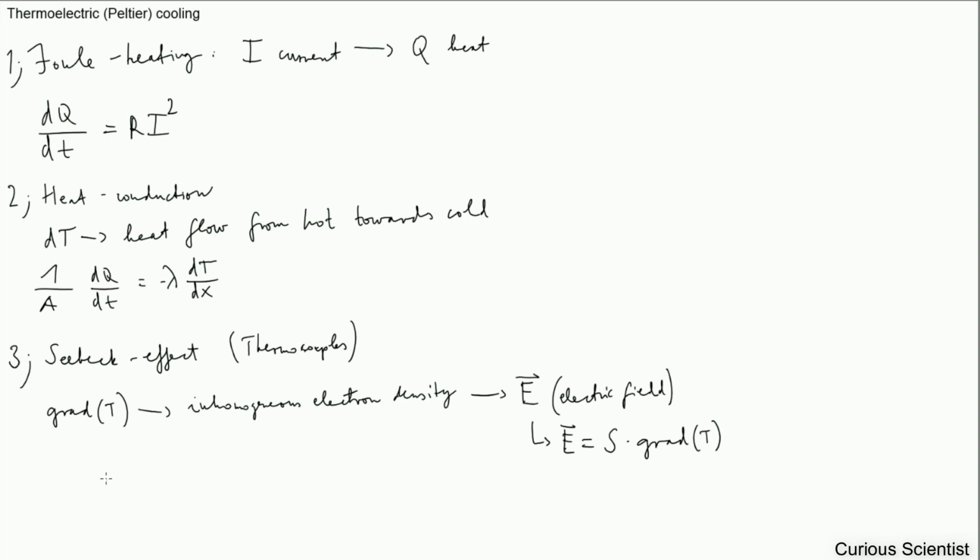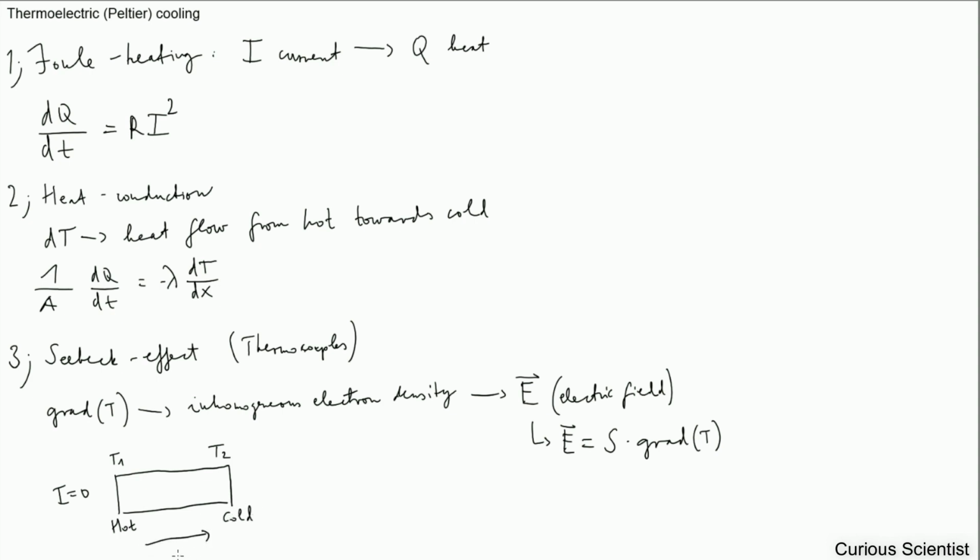How does it look? Let's say you have this block of your material. There is no current flowing through your material, so let's fix I to 0, and you have T1 and T2 temperatures, where this is the hot side and this is the cold side.